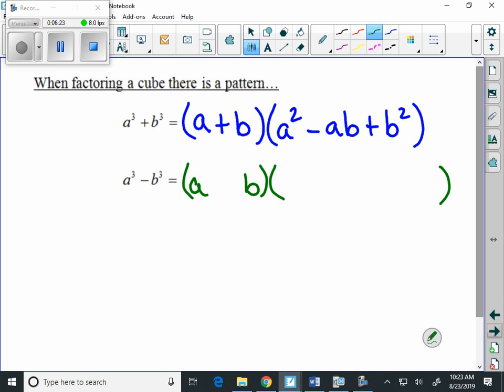To figure out what goes in our next position, we take the a cubed, which was originally from the problem, and divide it by what we put down first in our parentheses, which is a. Well, a cubed divided by a: we had 3 a's, we took out 1, we have 2.